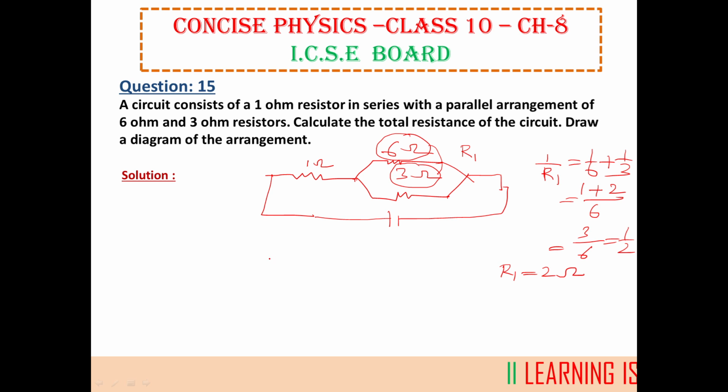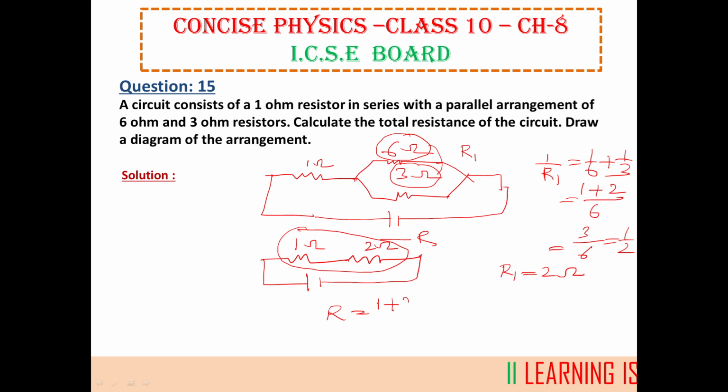Now if I redraw the circuit with the equivalent resistance, it will stand like this. This is 1 ohm, this is 2 ohm. So now these are in series. So if the equivalent resistance is R, we can write R equal to 1 plus 2, because they are in series.